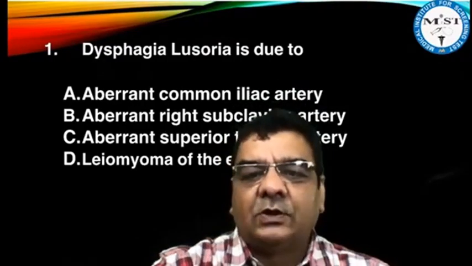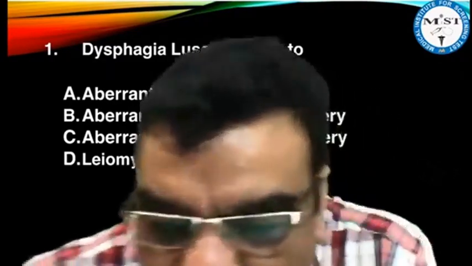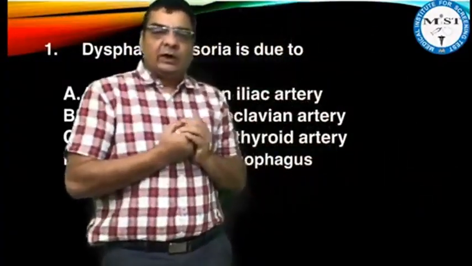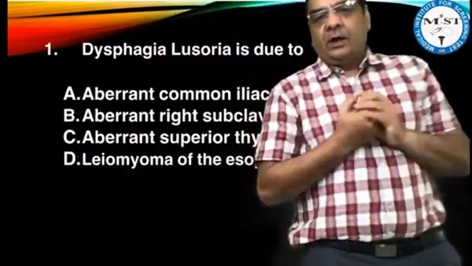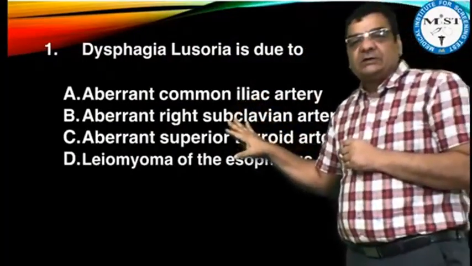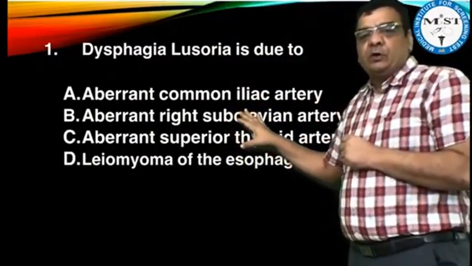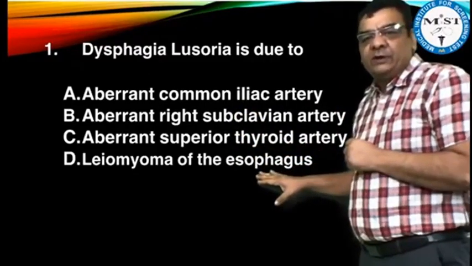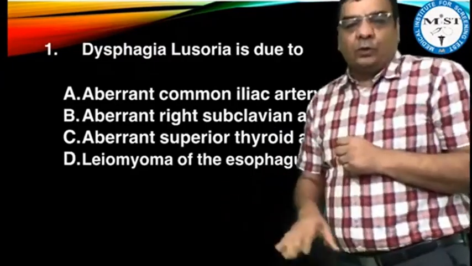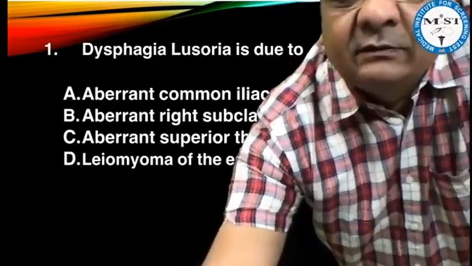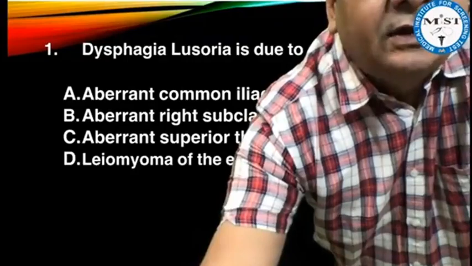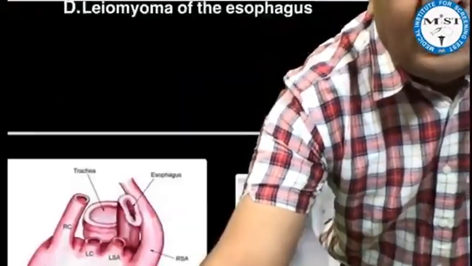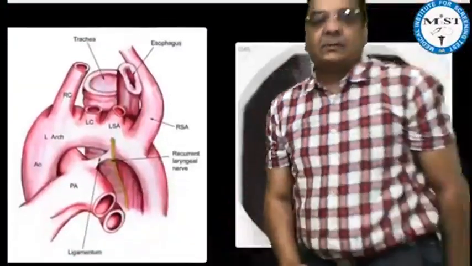Right. So if we take a look, this dysphagia lusoria is due to, now the different options which the examiner has given to you: the aberrant common iliac, the aberrant right subclavian, the aberrant superior thyroid, the leiomyoma of the esophagus. We all know that this dysphagia lusoria is a condition wherein something like this happens.